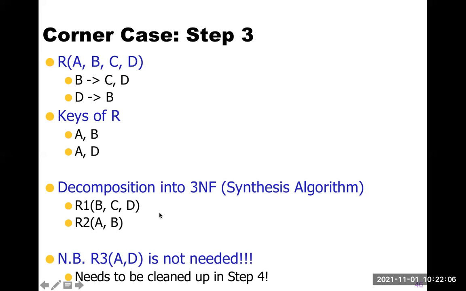And then I try to decompose it. First, I decompose the first dependency. That leads to B, C, and D. And then that's the second step: I create a key of AB.